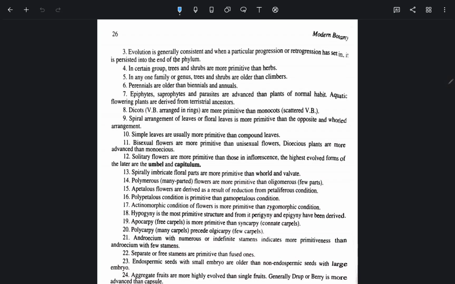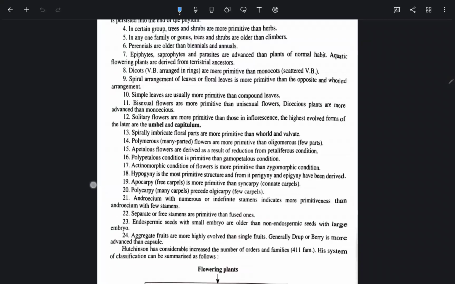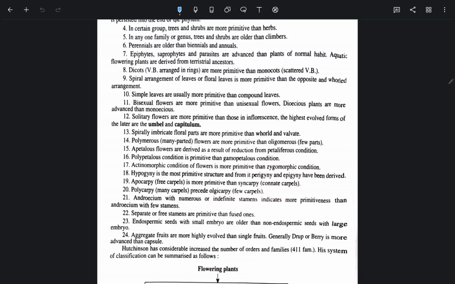Spiral arrangement of leaves or floral leaves is more primitive than the cyclic and whorled arrangement. Simple leaves are usually more primitive than compound leaves. Bisexual flowers are more primitive than unisexual flowers. Dioecious plants are more advanced than monoecious.